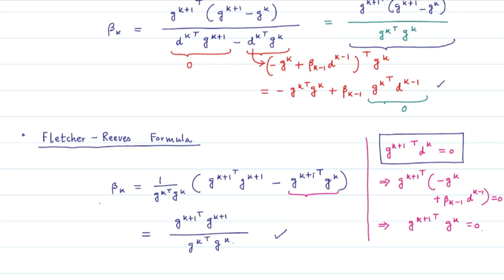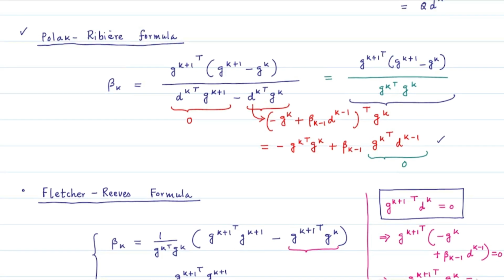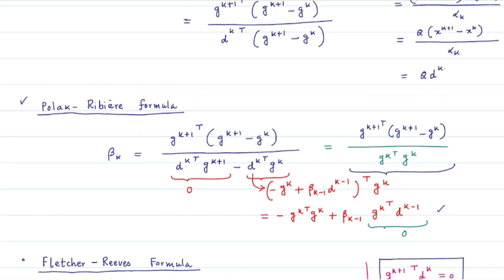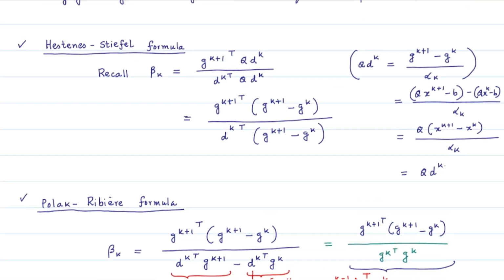So all these formulae, beta_k for the Fletcher-Reeves formula, beta_k for the Polak-Ribiere formula, and beta_k for the Hestenes-Stiefel formula, are identical, and they are all identical with the expression in the original conjugate gradient method for a quadratic function with positive definite Hessian.